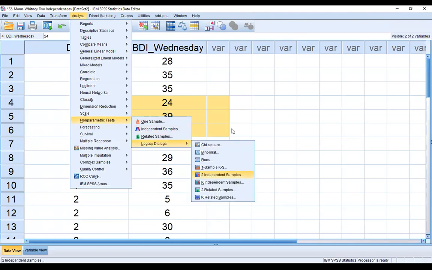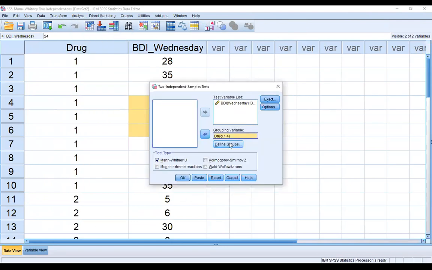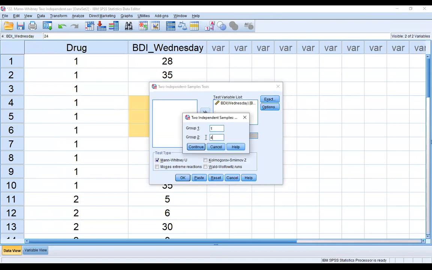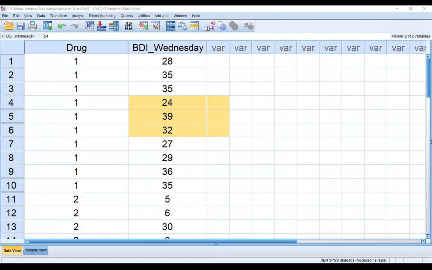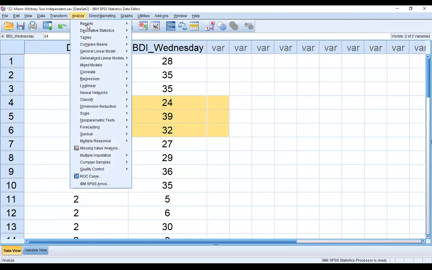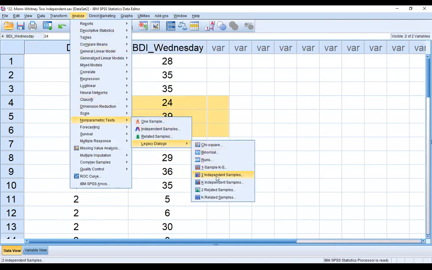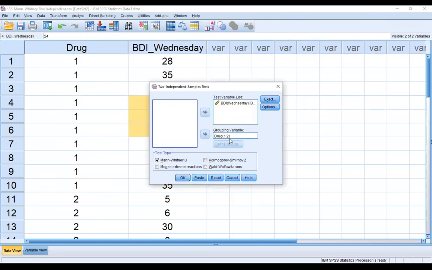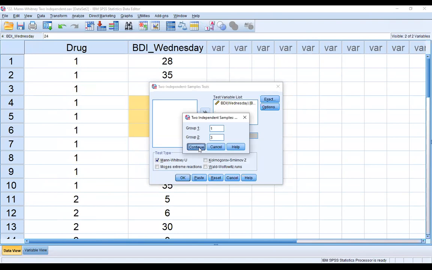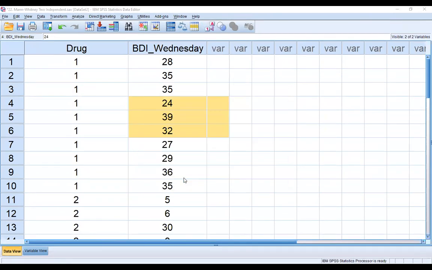Then two independent samples, 1 and 2. Non-parametric test, two independent samples. Okay, I am showing you the output. Now you can see the output.